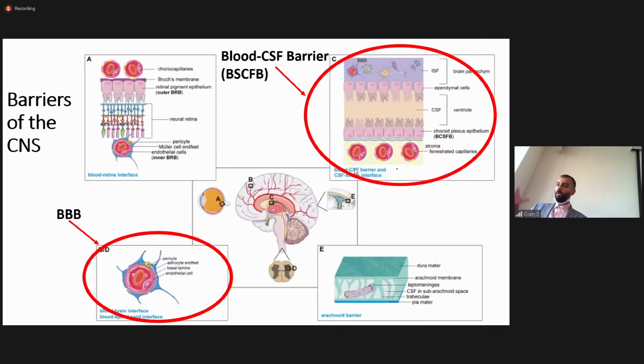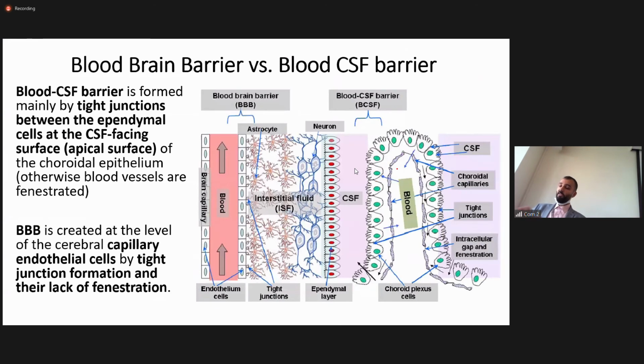Now, there are multiple types of barriers of the central nervous system. The main ones which we will talk about in this lecture are the blood-brain barrier and the blood-CSF barrier. The difference is that, as I said, it's not an actual wall. For example, the blood-CSF barrier is mainly the tight junctions that are stitching the ependymal cells together, okay?